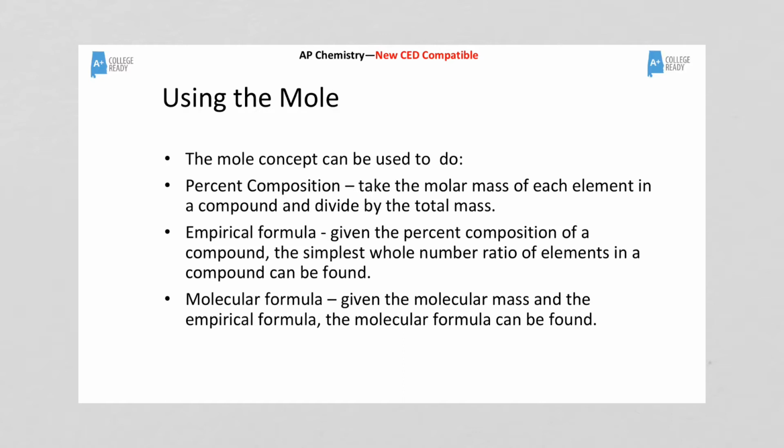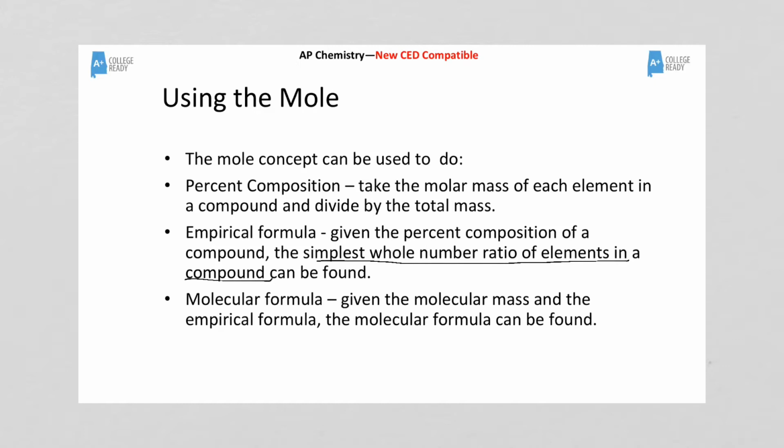We might even have masses or even moles to start with, but we were trying to determine the simplest whole number ratio of elements in the compound, which is the definition of empirical formula. And the molecular formula, we would have to be given the mass of a molecule, and if we knew its empirical formula, we could figure out what integer to multiply by to get this new formula.